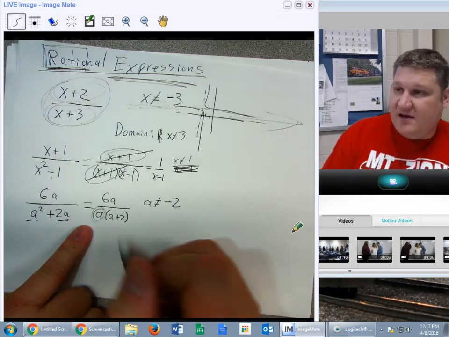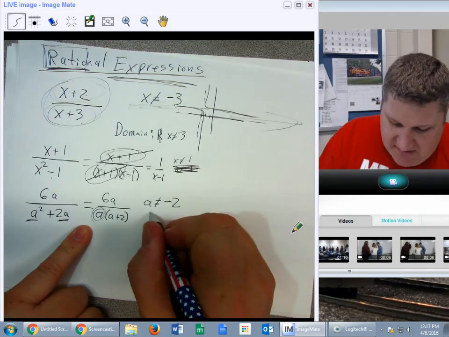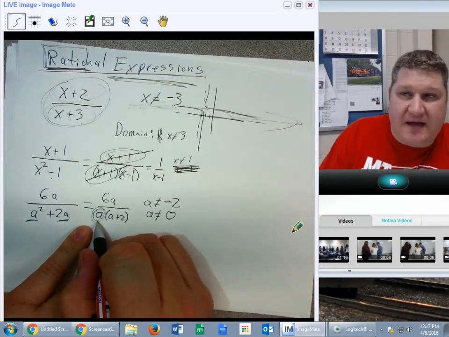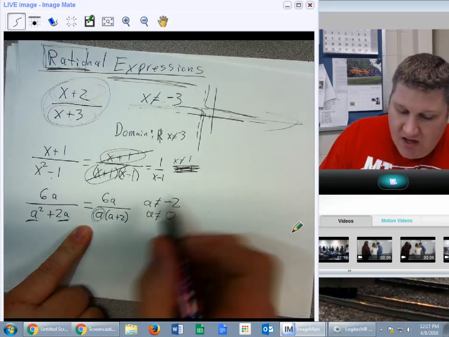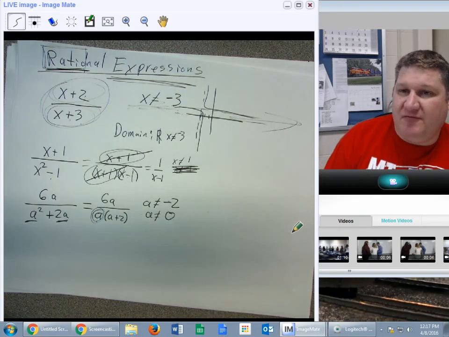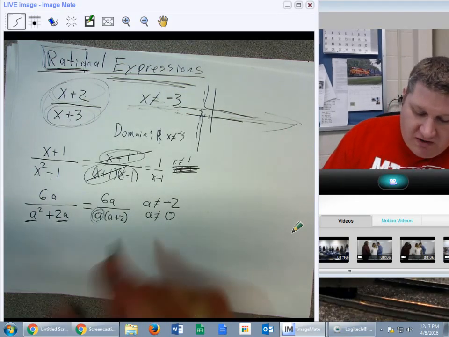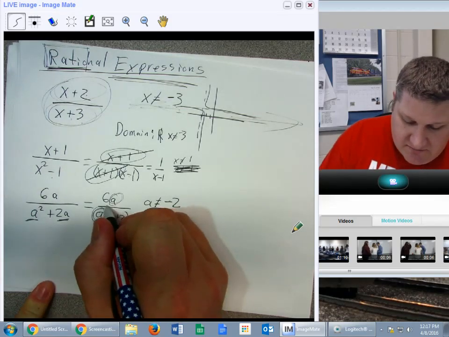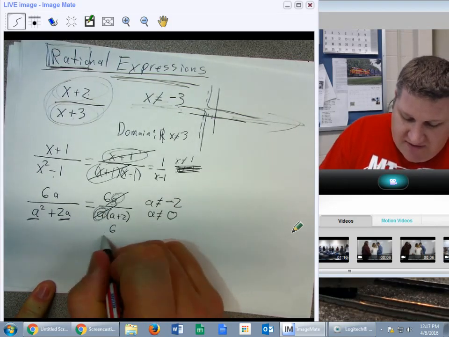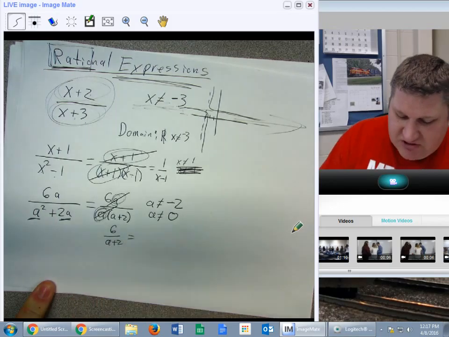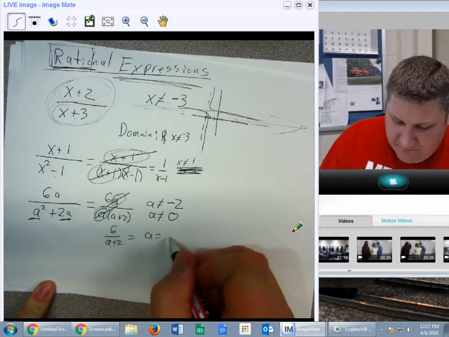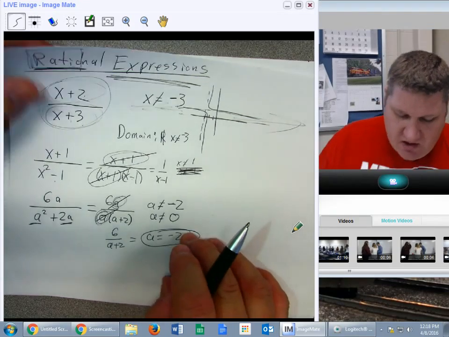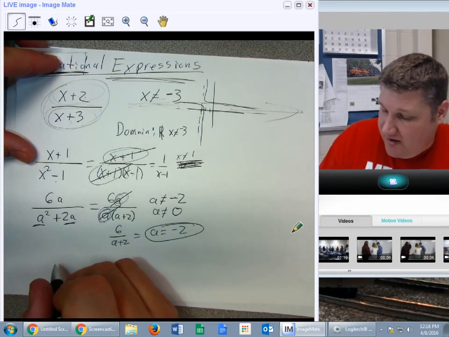What about this a? What can't that a be? 0, because if I put 0 in here, would that be divided by 0? But again, let's pause before we make a final answer. What do you notice is in the top and the bottom? So what can I do? So now that leaves me 6 over a plus 2. What's the only thing a can't be? -2. Okay, thank you.